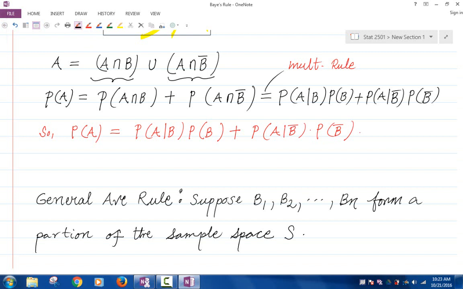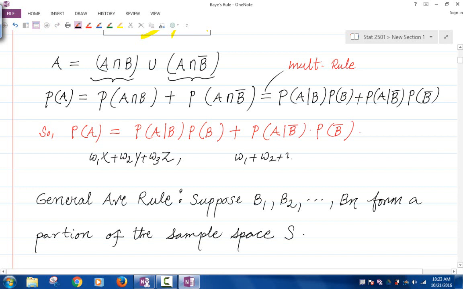so if I have three quantities, let's say X, Y, and Z. If I multiply them by W1, W2, W3, where W1 plus W2 plus W3 is equal to 1, right?